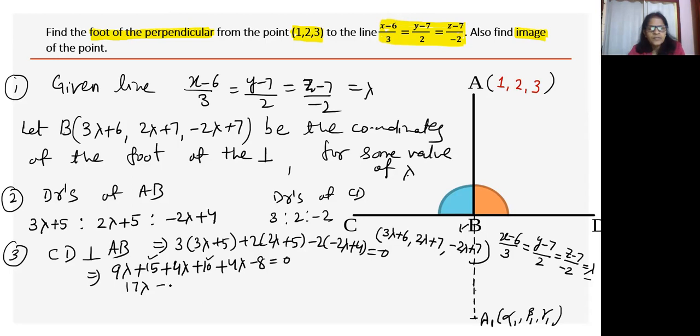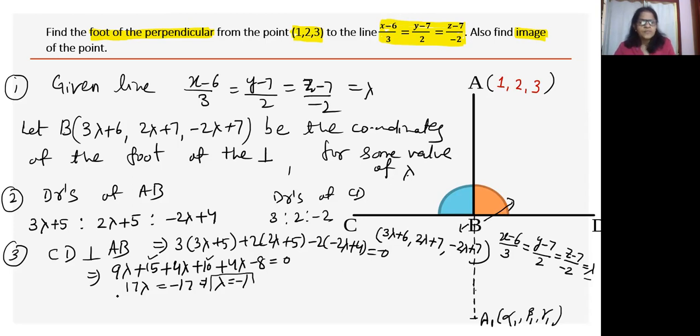So 17 lambda plus 17 equals 0, lambda equal to minus 1. After getting lambda equal to minus 1, what will be the coordinates of B? We can put lambda equal to minus 1. So getting lambda minus 1, step 3 is over.